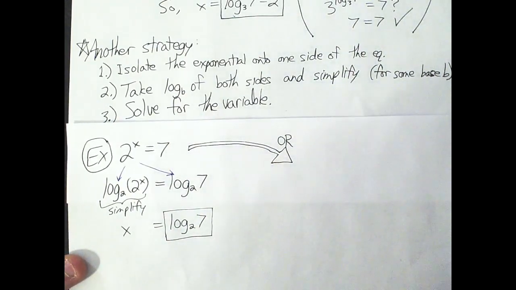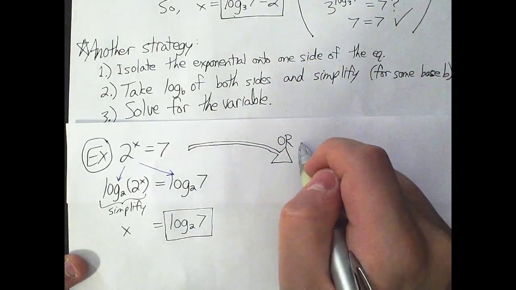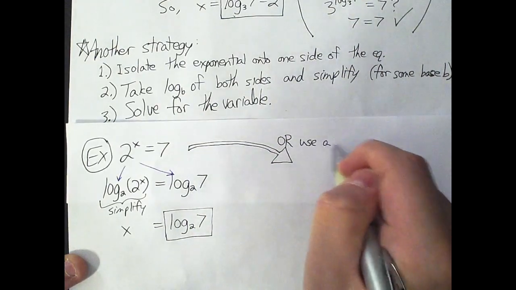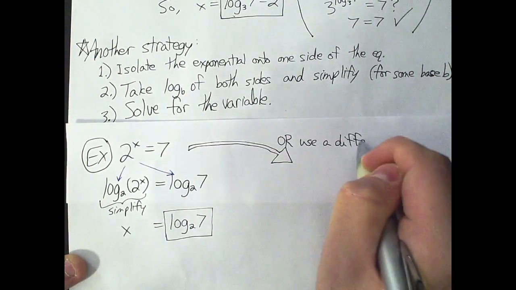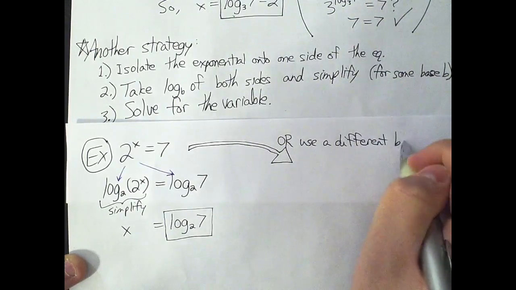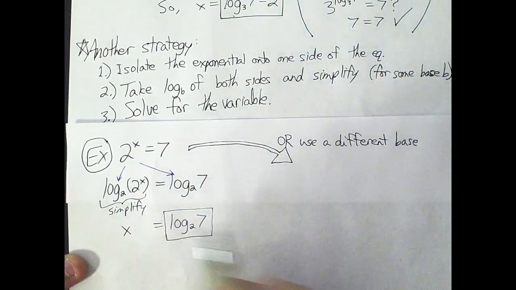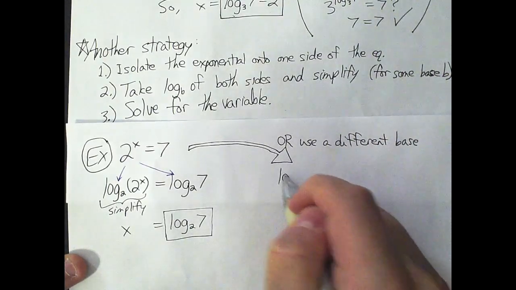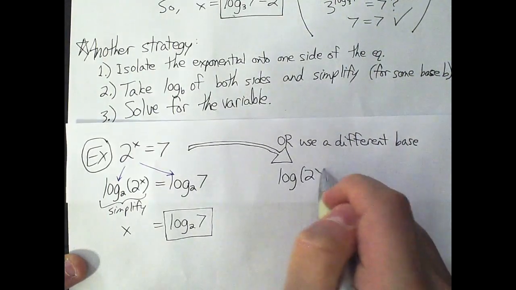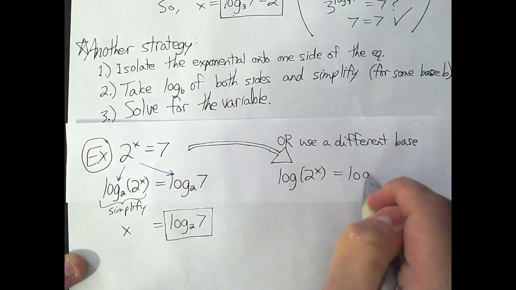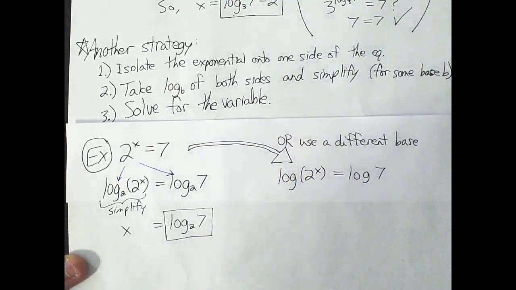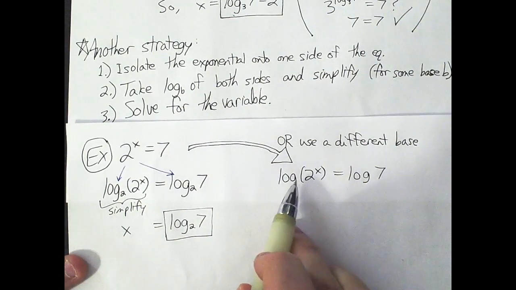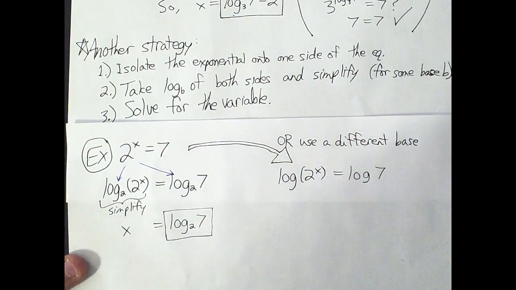What if I decided to use another base? Like instead of doing log base 2 of both sides, what if I did log base 10 of both sides? Would that also work? Well, it will, but what's it going to look like? Important thing is same base on both sides. Could we still get the answer this way?